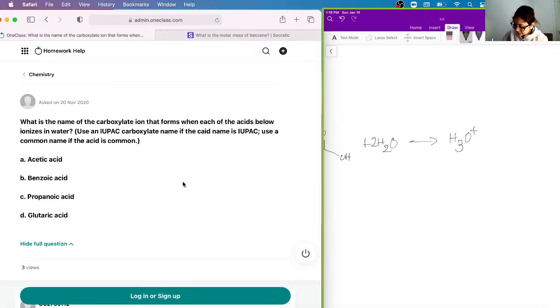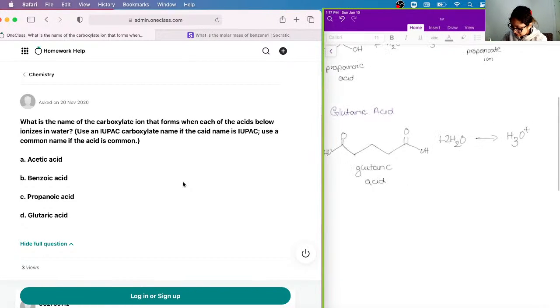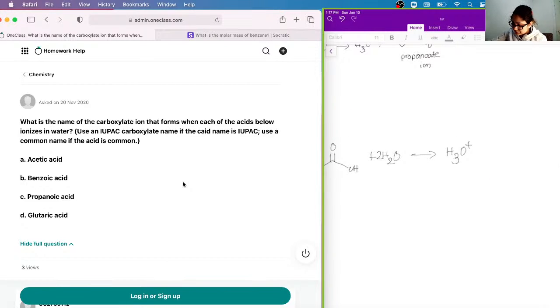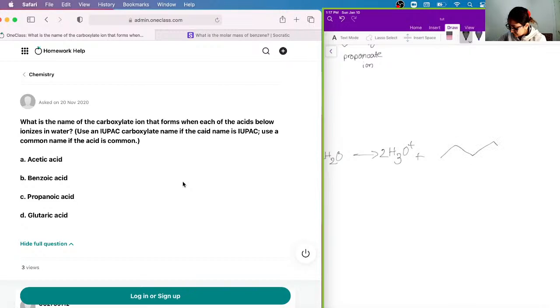In this case, it will react with two molecules of water because we have two carboxylic acids here, and it would produce two molecules of hydronium ions, and it would produce your glutarate ion, which looks like O negative, O negative. This is your glutarate ion.